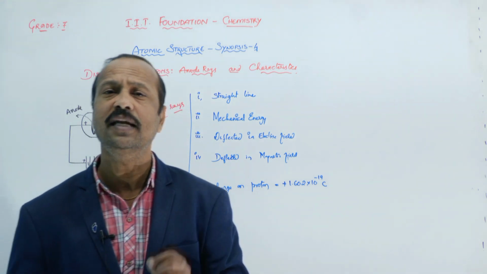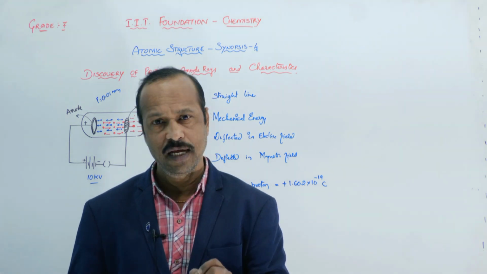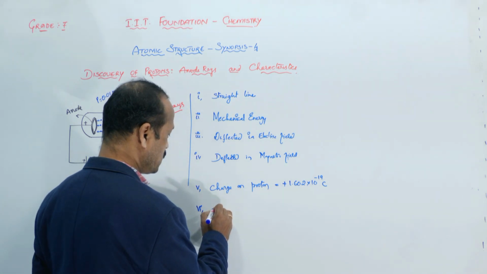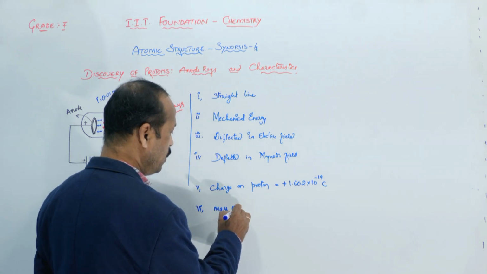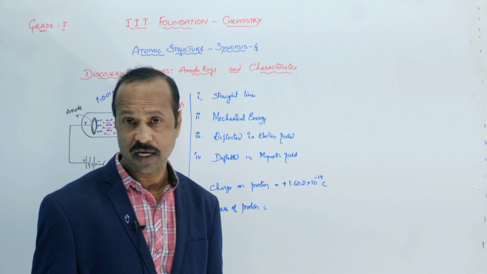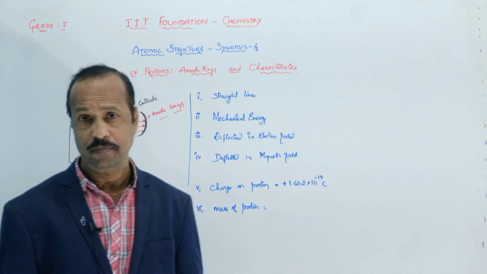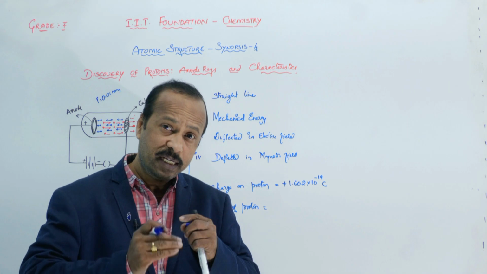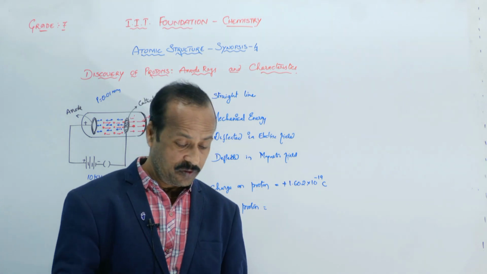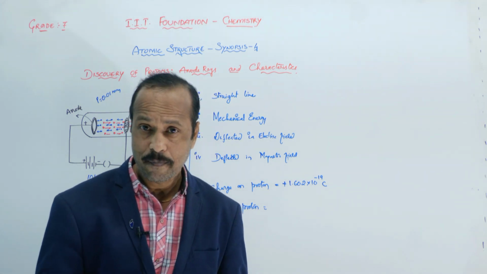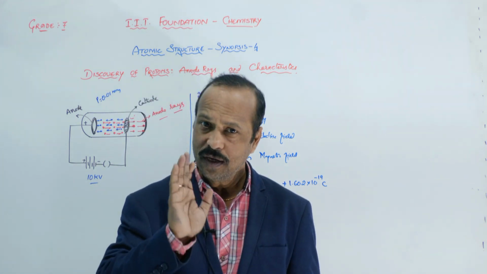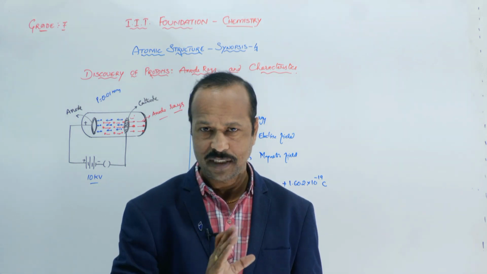Because the electron's mass is negligible, very small, but the mass of the proton is almost equal to the hydrogen atom. Almost 1840 times that of the electron. What we discussed in the last class, the electron mass is 1 by 1840th of the proton or hydrogen. We said the meaning is what?